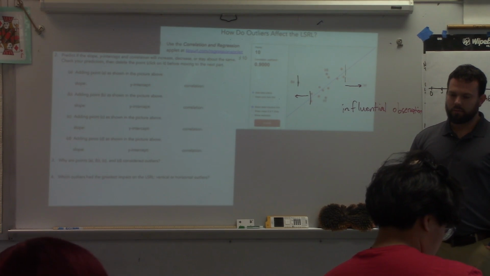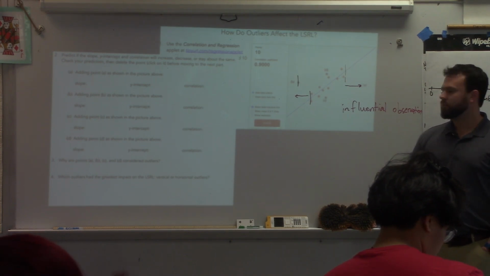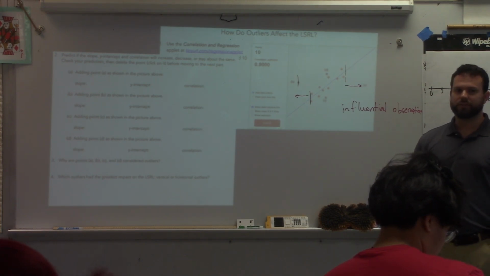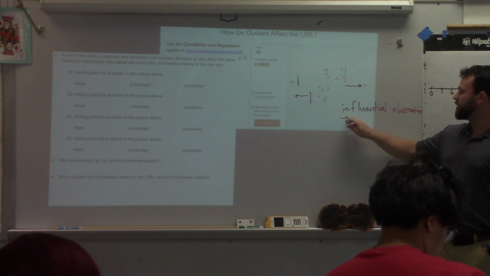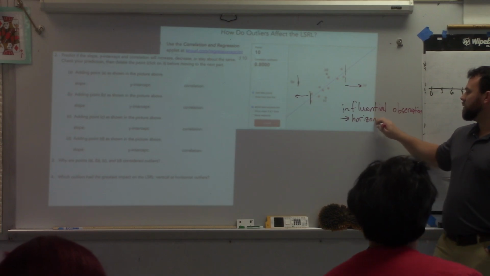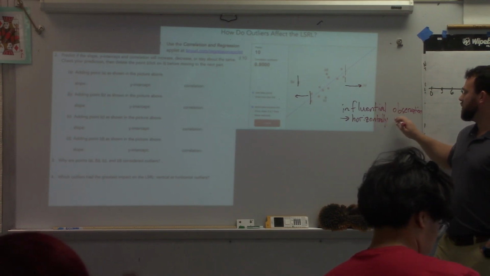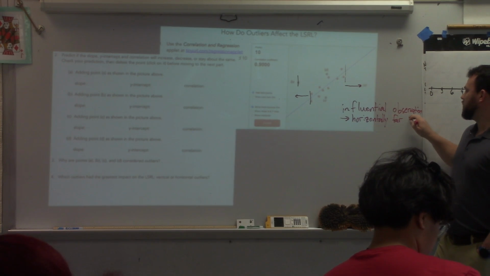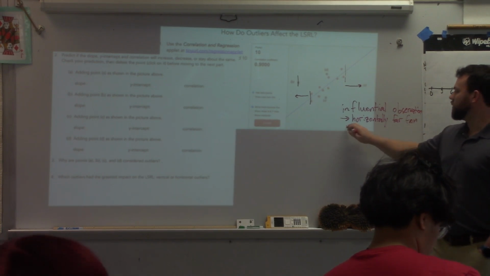Possible outliers, yes, but possible influential observations are when they are horizontally far from the rest of the data.